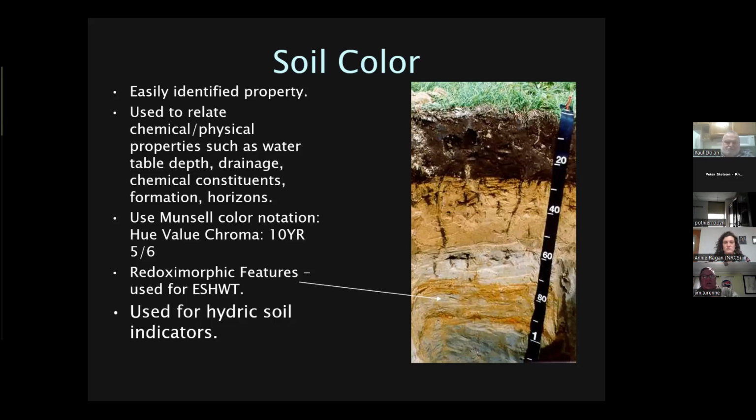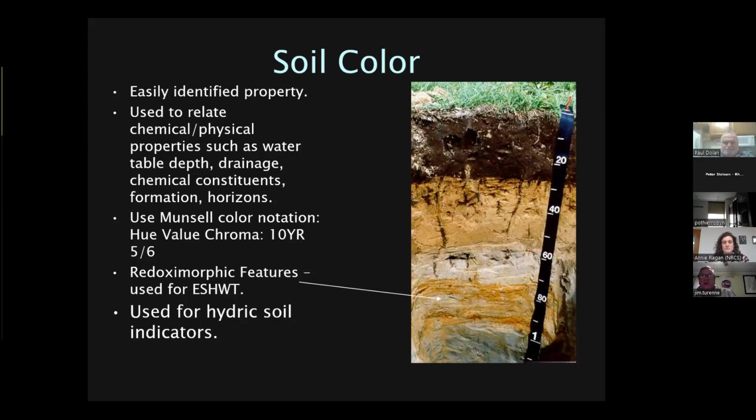And when they do that, they're reducing the iron, and reduced iron is mobile in the soil, and it's allowed to move around and get precipitated out when that water table drops. So those blotchy colors are called redoxymorphic features, and we use that to locate the seasonal high water table of the soil.